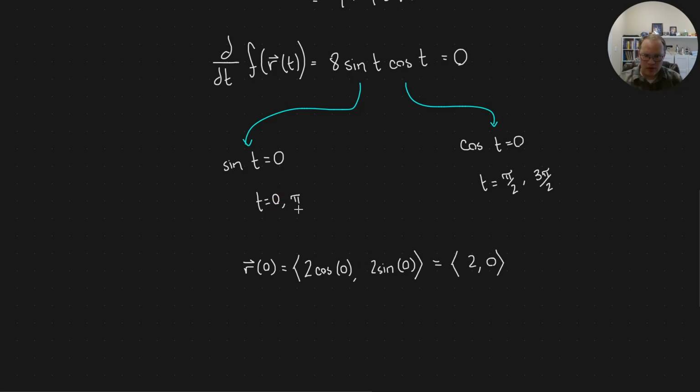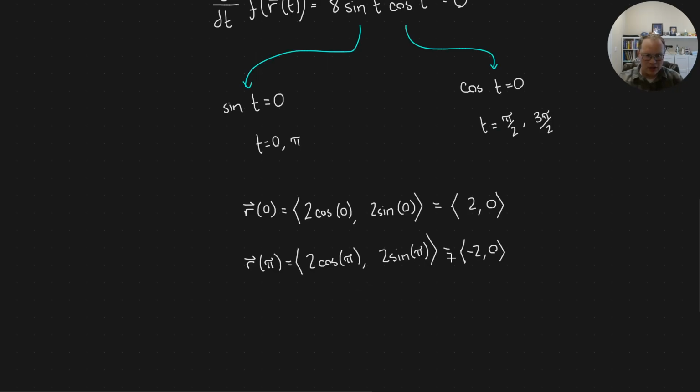So I did it for 0, now for pi. So r of pi, I get 2 cosine of pi, 2 sine of pi. That will be negative 2, 0. I'll add that to my list too. I'll do that in a moment. Let's finish off plugging these in first.